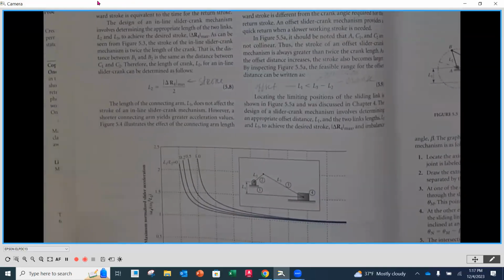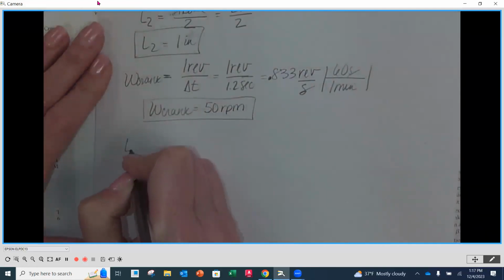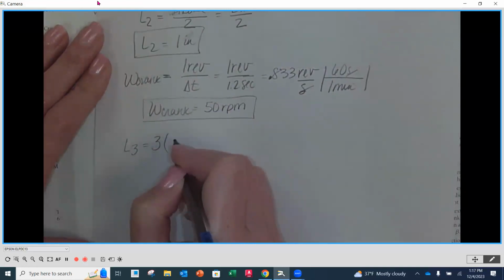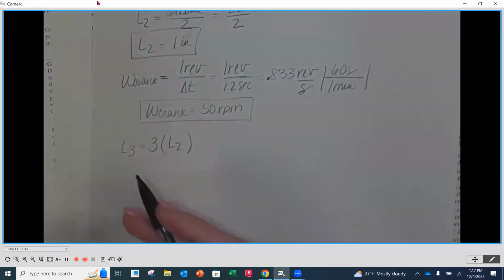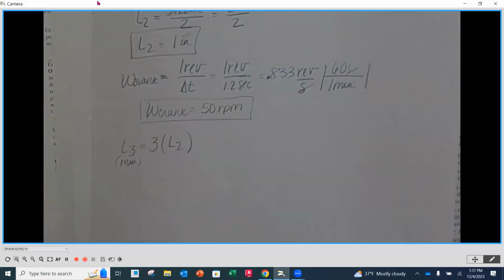I know I'll come upon it at some point, but we can determine our L3 is going to be 3 times our L2. Okay. And this is going to be minimum. So you could make this longer if you wanted to, because remember that connecting rod has no bearing on the stroke itself. All right.